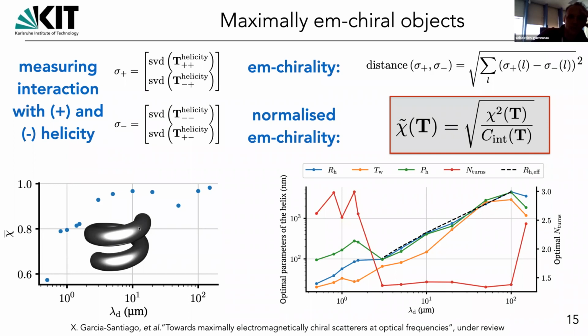And this is the number of turns in each unit cell, you mean? No, this is an isolated object, just one object. I see. I can calculate the T matrix from this object, and then I can compute this normalized electromagnetic chirality from it. Then my algorithm is going to maximize this.